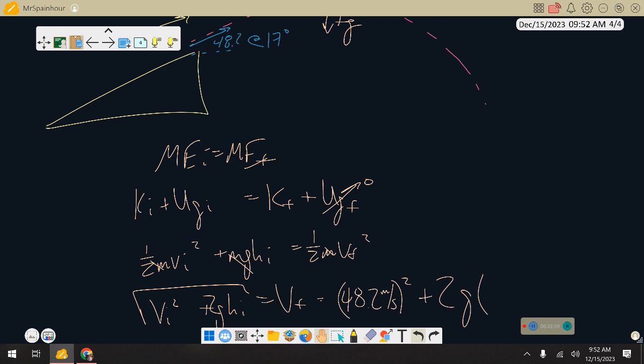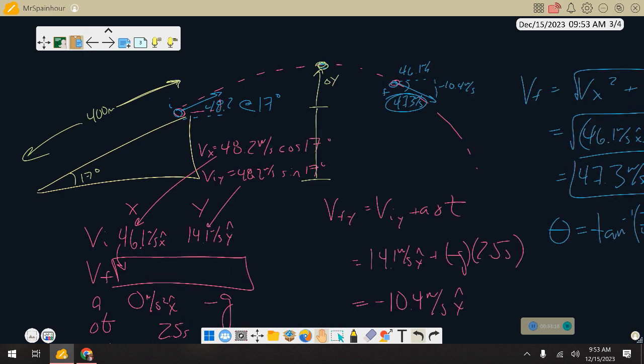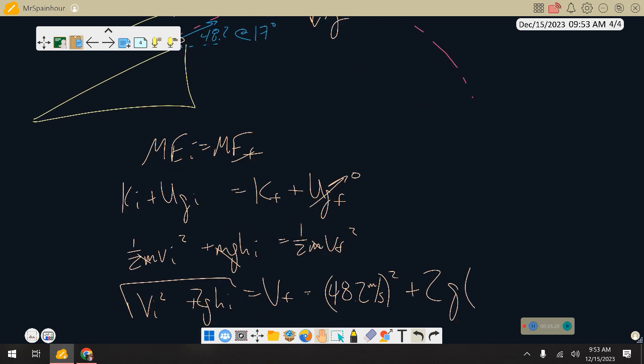I am starting, this is an important note, I am starting here, right? If you wanted to, by the way, 100% you could start up here, in which case your initial height would be 127, but what would your initial velocity be if you started up here? It would be 46.1, because it would still be moving in the x. Both will end the exact same way, but we've already got it set up from here, so what should my height initial be?